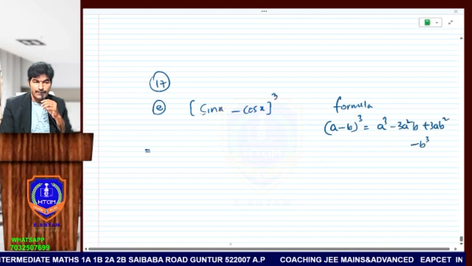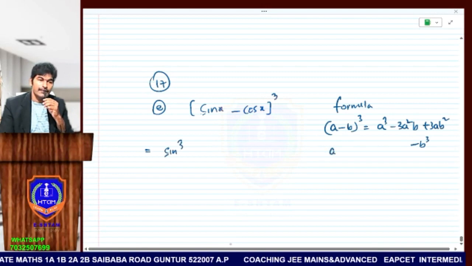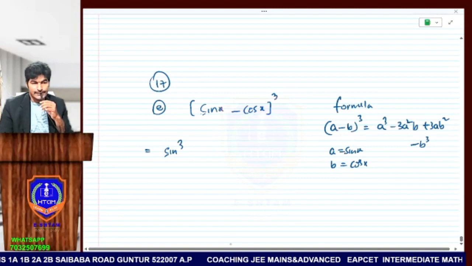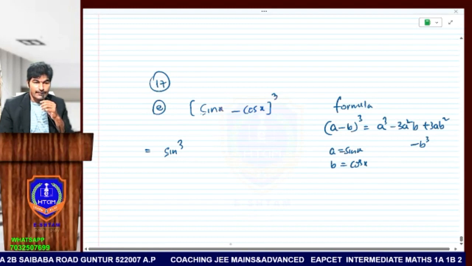So according to that, write down sin cube x. Here a is sin x and b is cos x. Don't take minus cos x, just cos x, because the formula itself has minus. So take a equal to sin x, b equal to cos x.